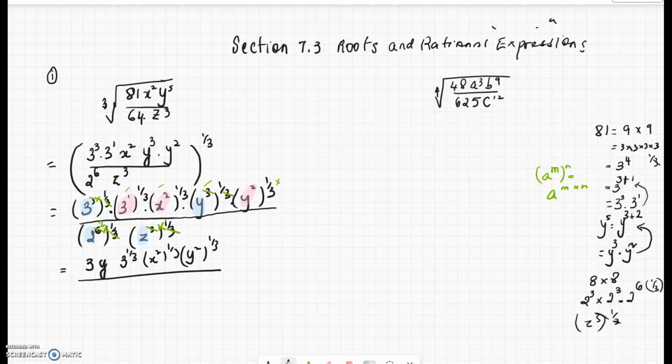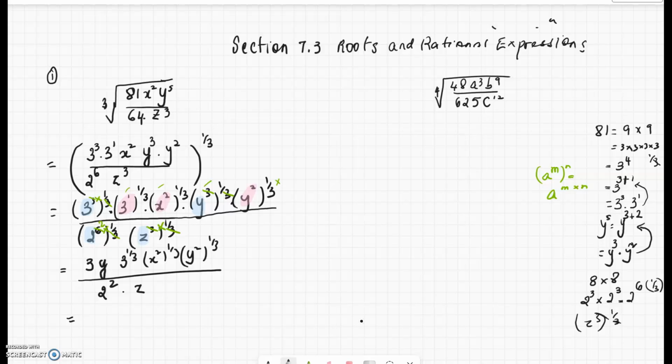Now the whole thing divided by, now in the denominator, we only have the highlighted blue terms that have whole number exponents. So that is 2 to the 2, because when you cancel the 3 and the 6, we got a 2, times z. The 3 and the 3 got cancelled and we have a z to the 1.